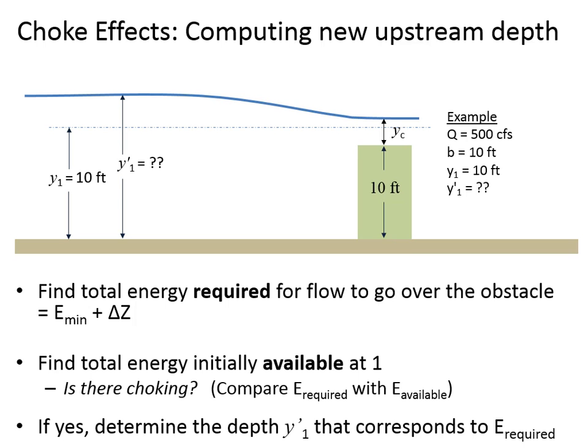Okay, if we rearrange that, 16.398 is equal to y prime 1 plus 38.820 divided by y prime 1 squared.